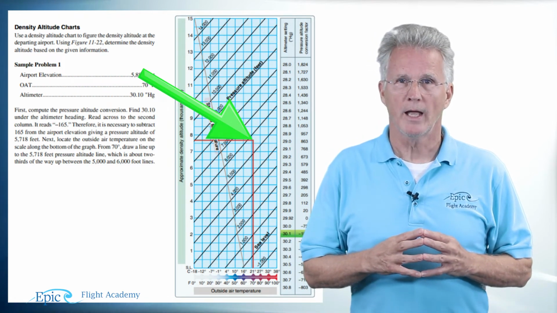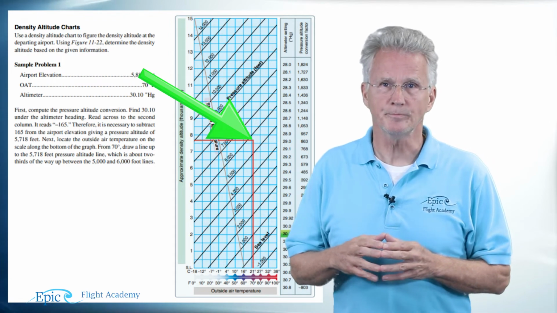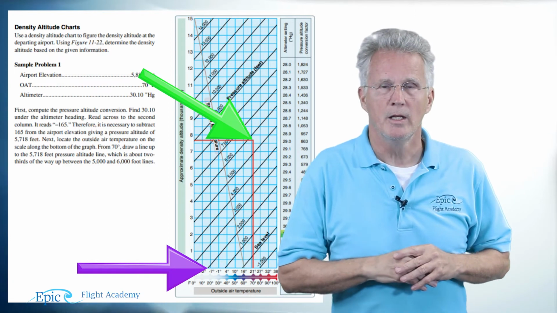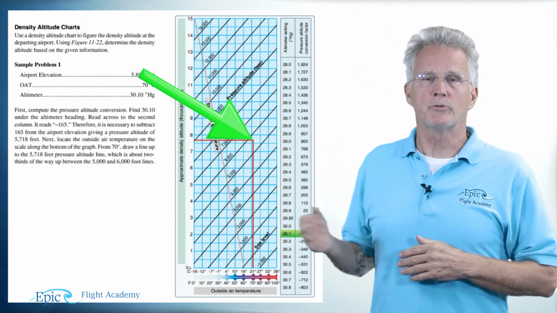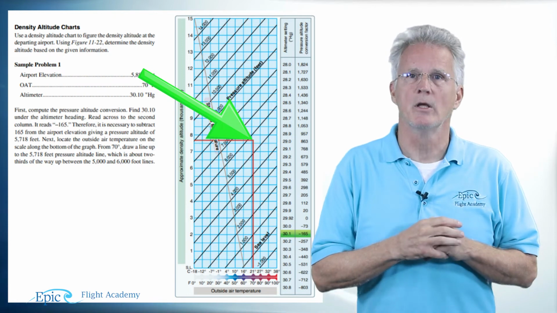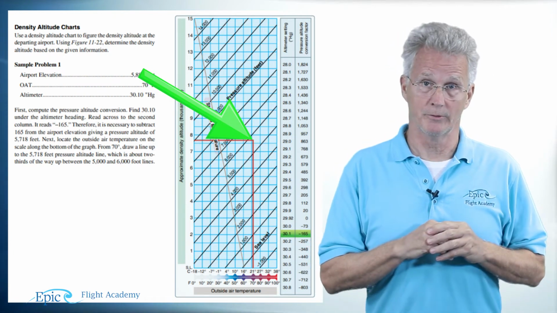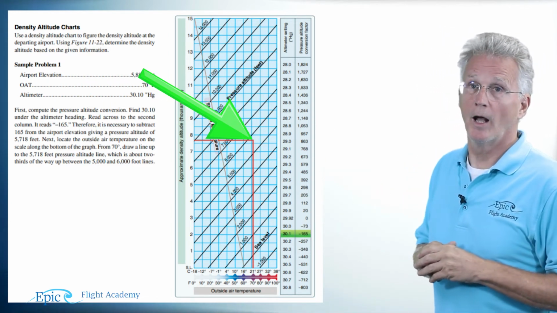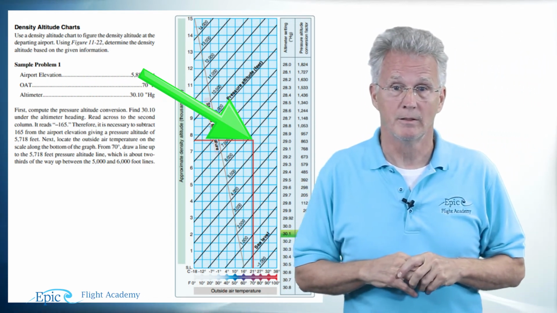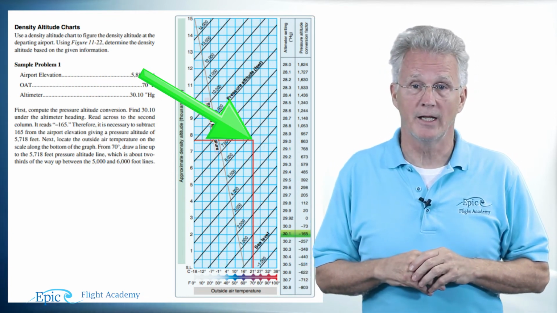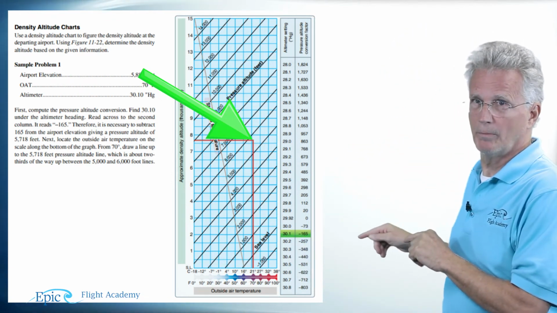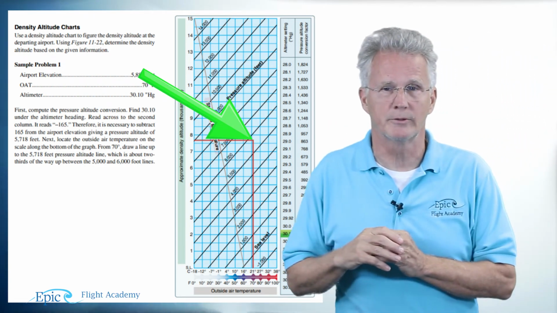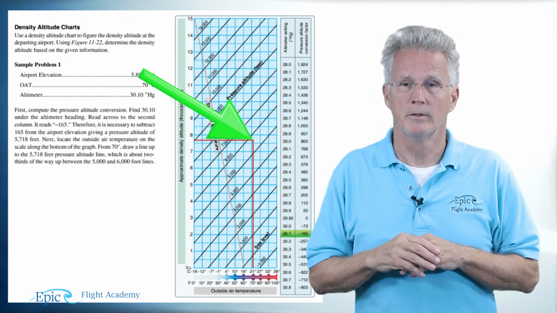Notice, as I'm coming vertically in this chart, I've got these black slanted lines. If you look closely, those black slanted lines are labeled pressure altitude. And notice where our red line example comes up to, approximately 5,718 feet. You see how we came up the red line just shy of our 6,000 foot pressure altitude there? Okay, there you go.